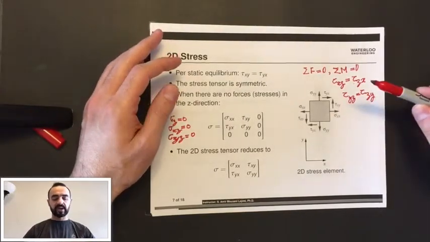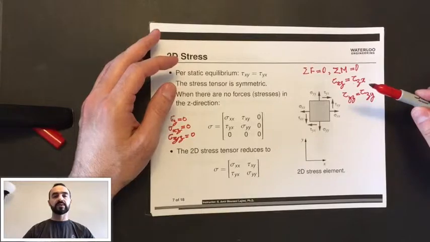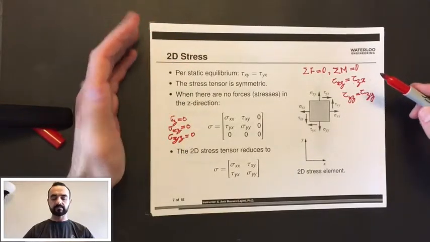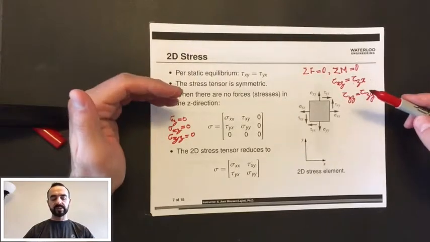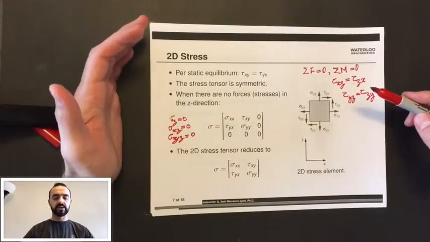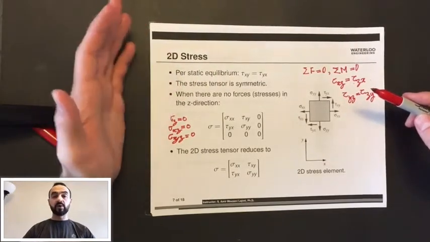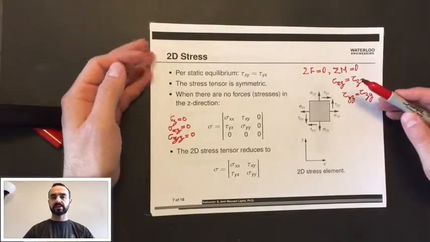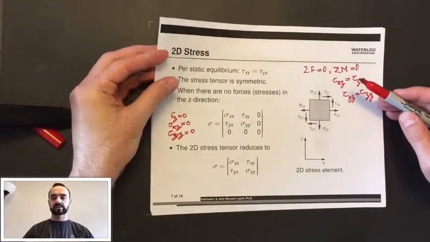It means that we now have a 2 by 2 stress tensor, or a two-dimensional stress tensor. So if our loading is such that there are no forces in the z direction, we are going to have a 2D stress tensor.